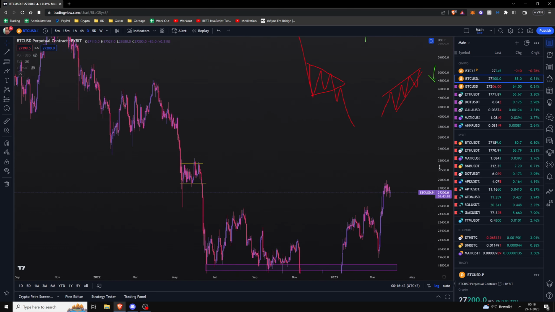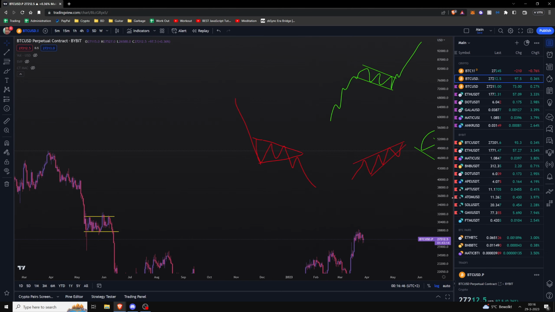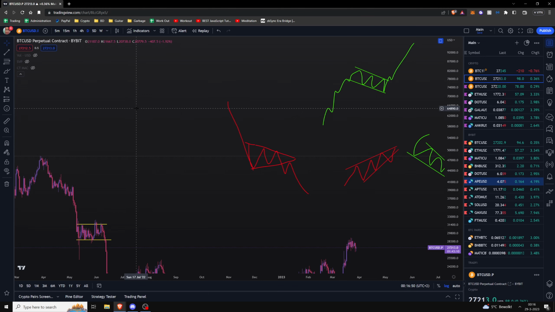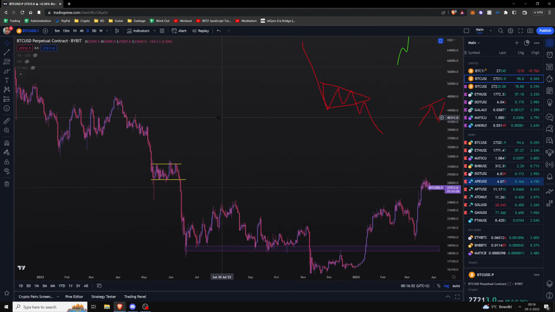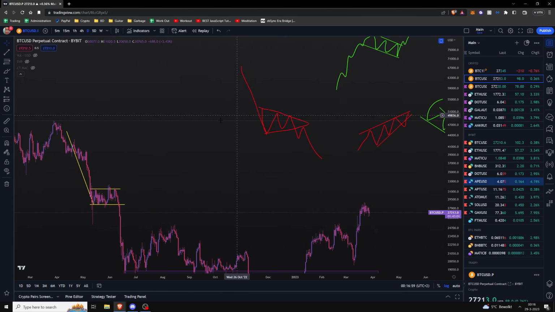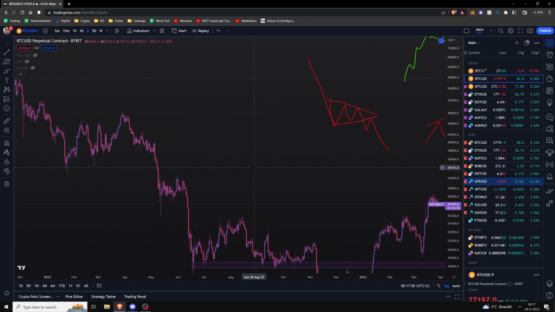A symmetrical triangle usually is not a bottoming pattern, so we look at it for continuation, right? So we treat it very similarly to a bearish rectangle, or a bear flag, or whatever you want to use, but it's essentially just a dump and then consolidation, right?